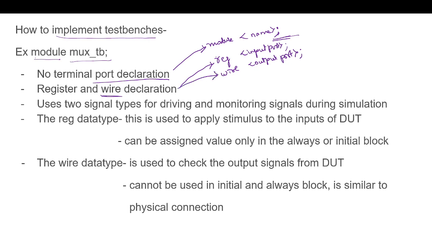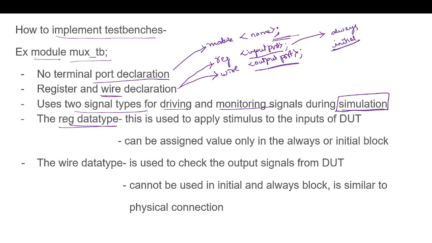We are using two different types of signals for driving the inputs and then monitoring the output during the simulation. This is purely for simulation purposes. This test bench will not be converted into hardware. The register data type, for assigning its value, should be inside a procedural block, either always or initial.